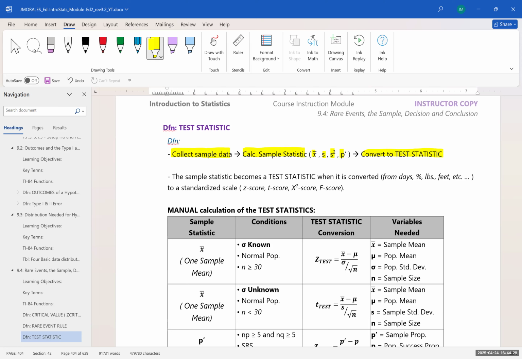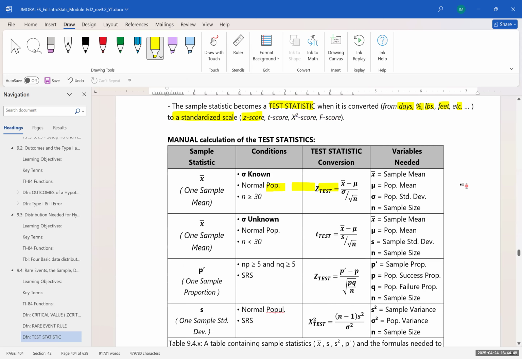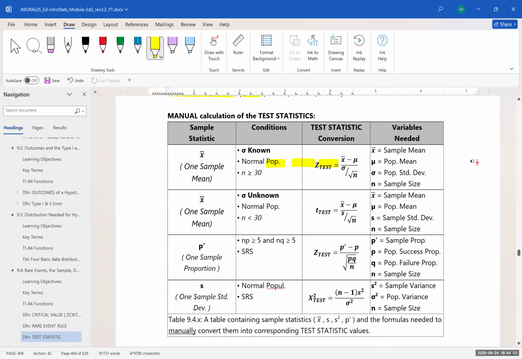So the sample statistic becomes a test statistic when it's converted from some kind of unit to a standardized scale, like a z-score, a t-score, a chi-square score, or an f-score. So what I've got here down below is how you would manually calculate test statistics.